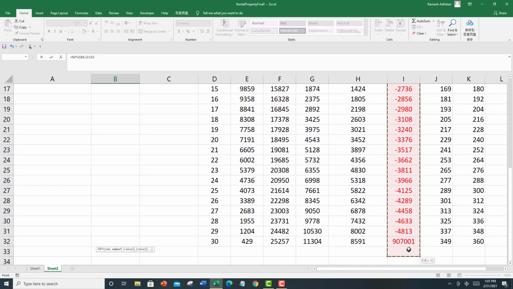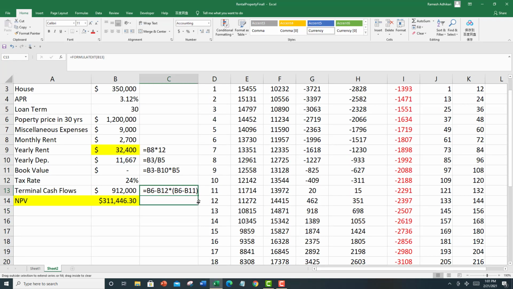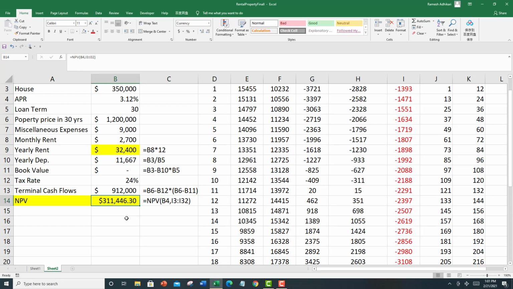Okay, so if you do that and close your bracket and calculate that, and if you want to see the formula, I can also do this formula text right here. Okay, so that means the NPV is 311,446.30.